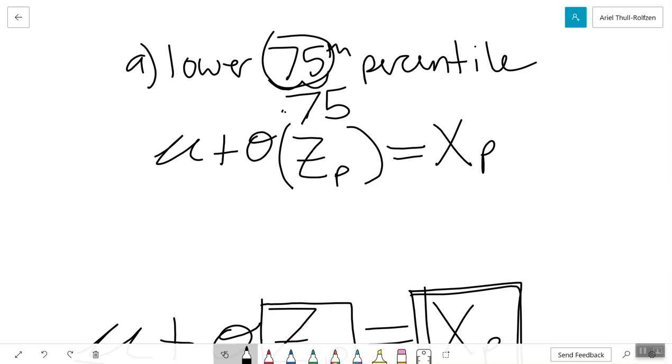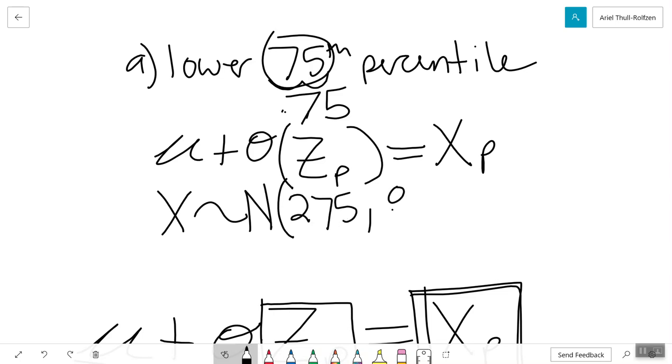So we'll come over here and we'll say x is normally distributed with mean of 275 days and variance of 85 days. I'm going to take the square root of that 85, and I am going to get 9.21944.